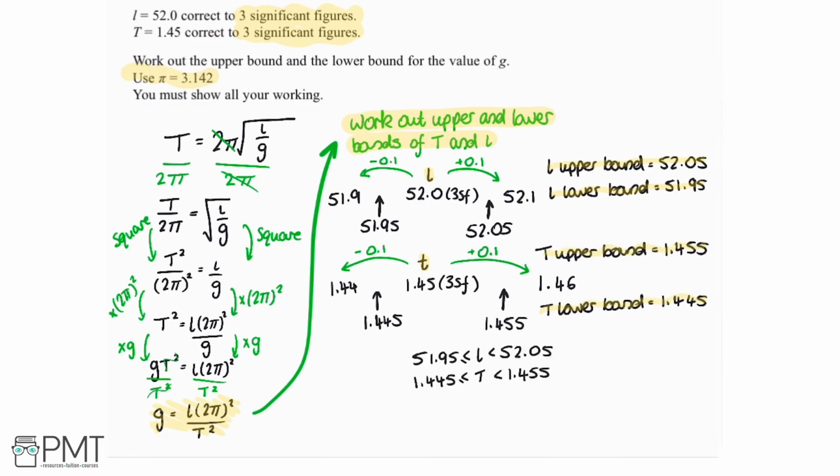Now something you might have noticed is that with our upper bounds, if you actually take the value of our upper bound and round it to 3 significant figures, you won't get what we want. So if you take 1.455 and round it to 3 significant figures, you won't get 1.45. So if you take anything just below it, for example, 1.4549999, and then keep on going forever, and round this to 3 significant figures, you will get 1.45.